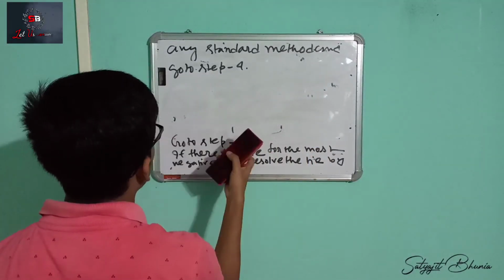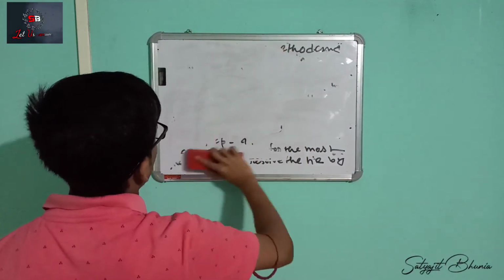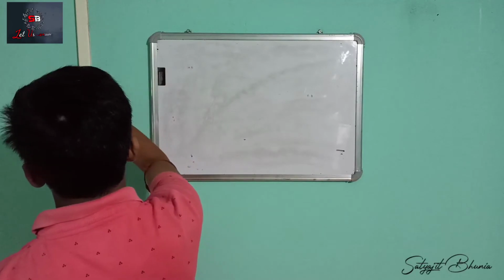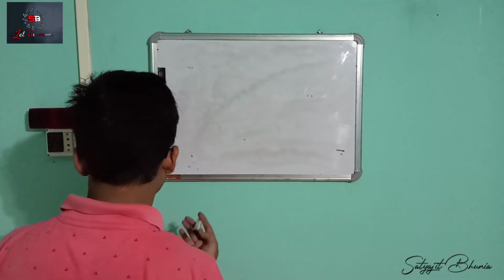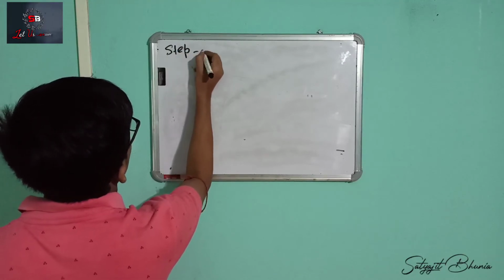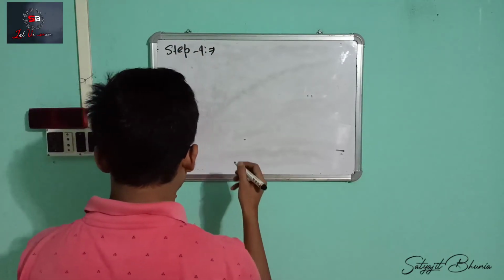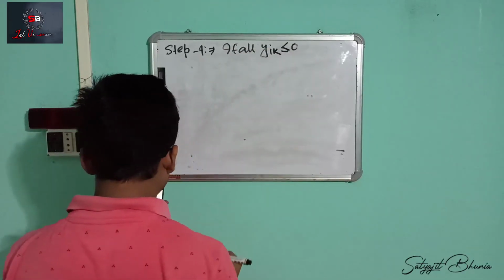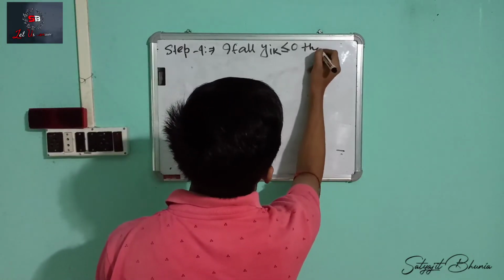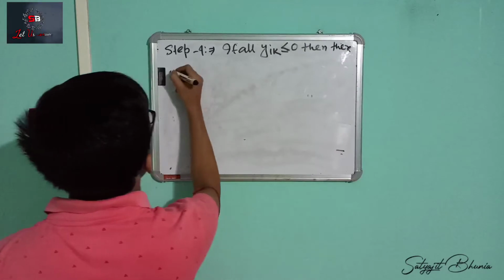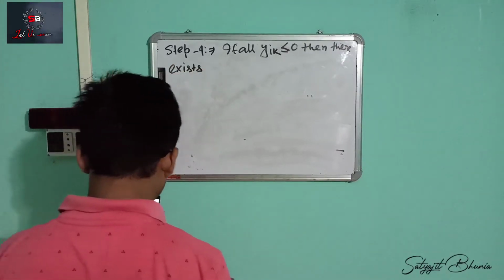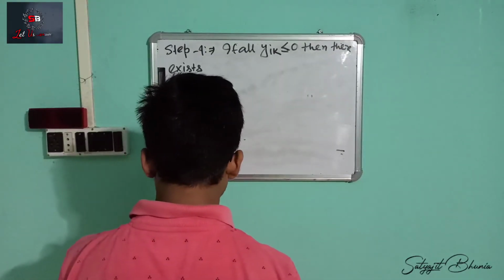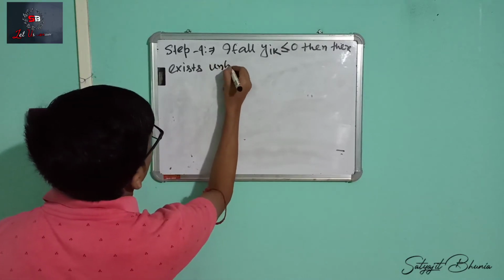So we will now move to step 4. If all yik is less than or equal to 0, then there exists an unbounded solution.